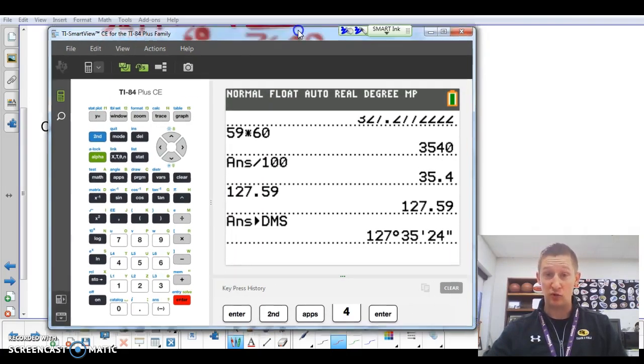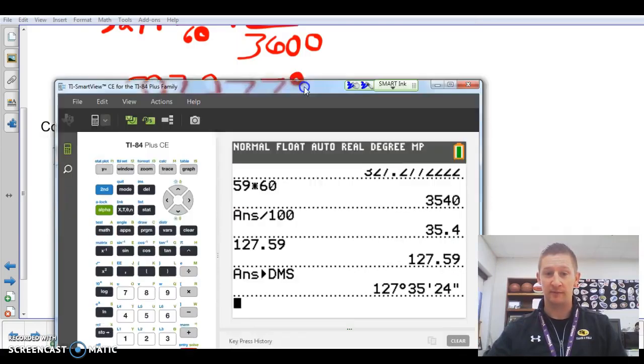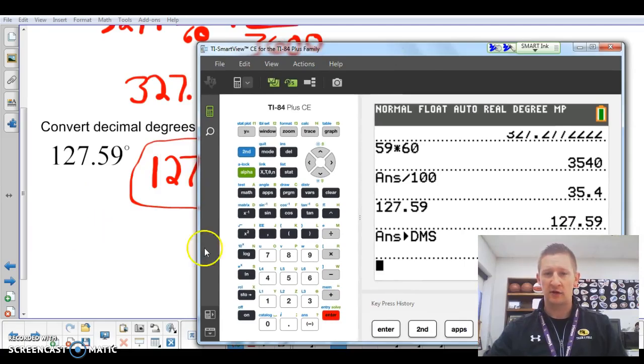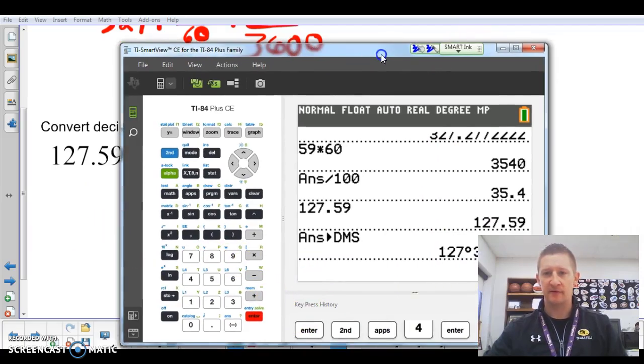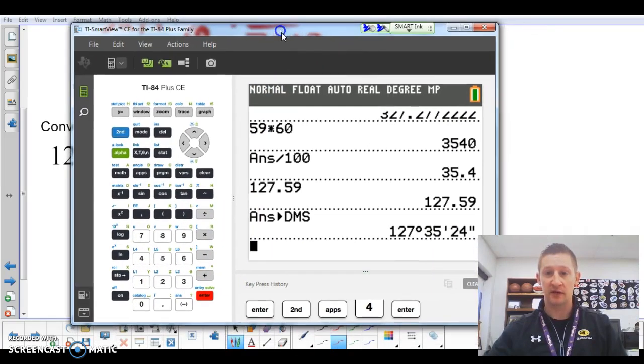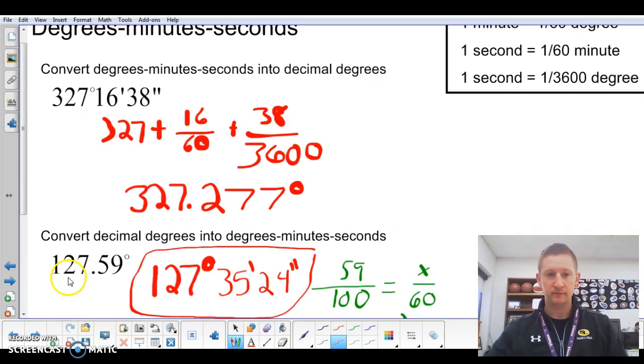Which might be a bit easier than doing it by hand. Again, there's the number, same thing here in the calculator. That's pretty cool. To go the other way, because there's no seconds button that I can find on the calculator anyway, doesn't mean there isn't, but I can't find it. If I want to do the one we just did here, 327 degrees, 16 minutes and 38 seconds, what I do is I turn this 38 seconds into a decimal.